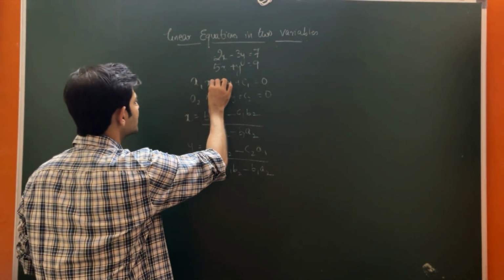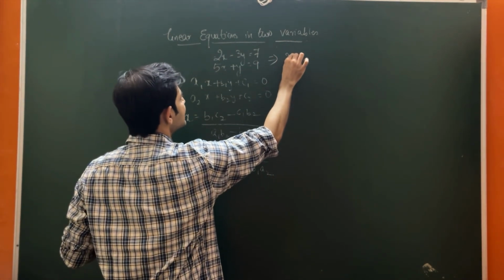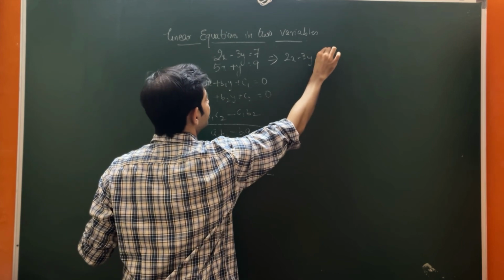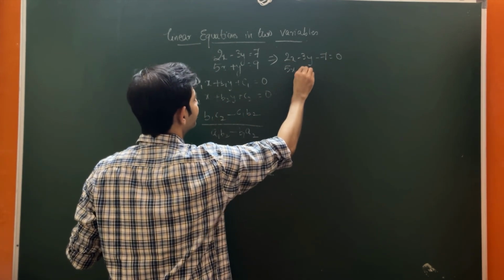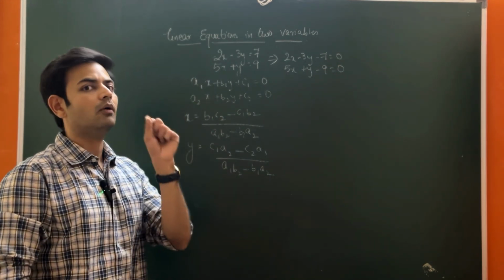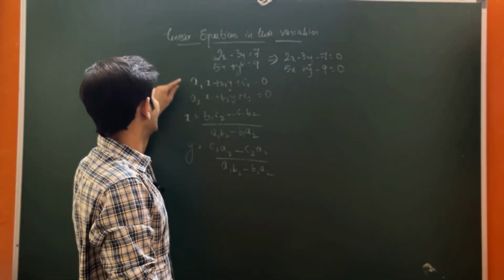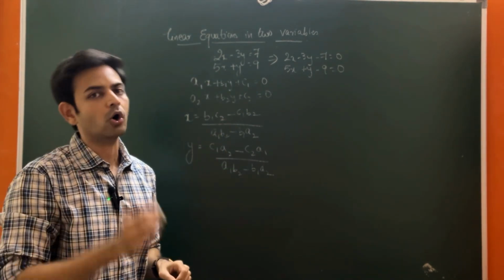Now let's take the question here. Our question now becomes 2x minus 3y minus 7 equal to 0, 5x plus y minus 9 equal to 0. Now always remember, you have to take the value of A1, A2, B1, B2, C1, C2 along with the signs.